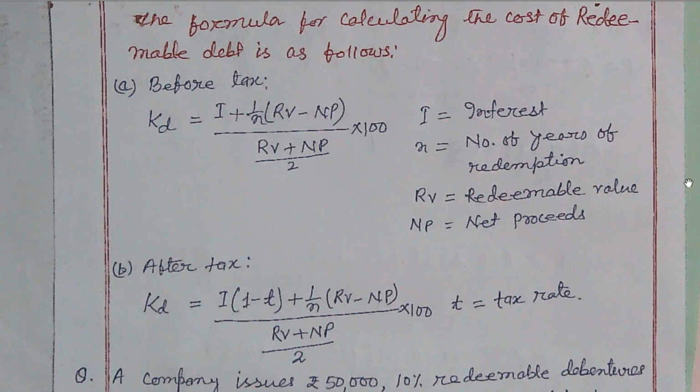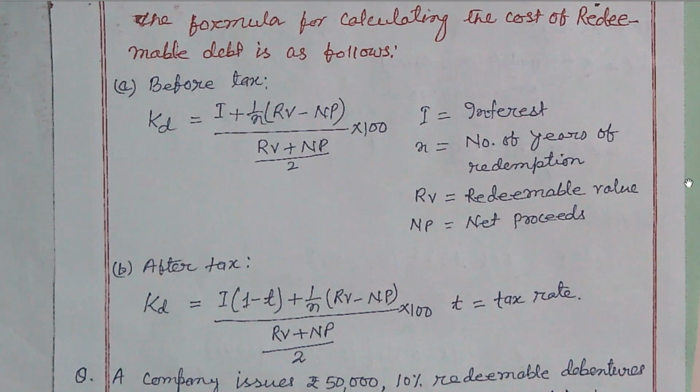So in the past we learned about debenture which is non-redeemable or irredeemable or perpetual. Now in today's class, I am going to discuss with you about debentures from the redeemable point of view.